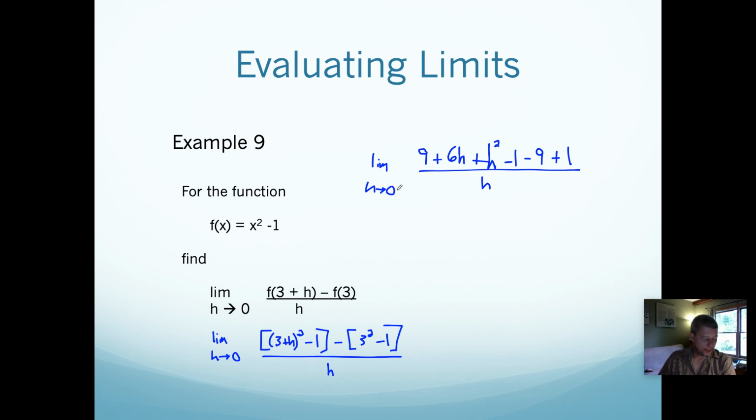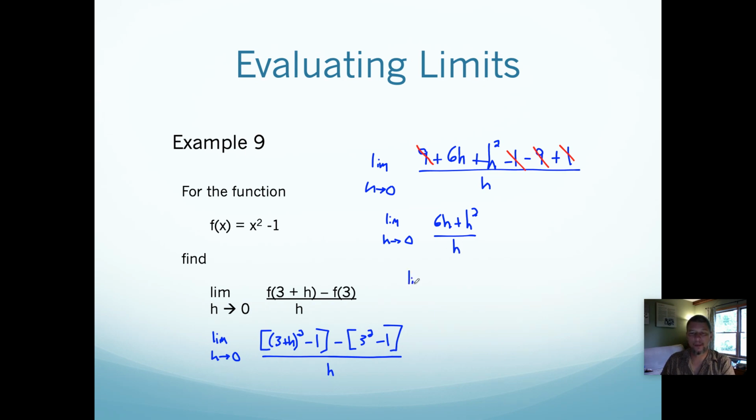Now, the next step is to simplify this a bit. If you look at the numbers carefully, you'll see the 9 and the -9 cancel out, and the -1 and the +1 cancel out. And so I'm left with the limit as h approaches 0 of 6h plus h squared all over h. Now I can simplify this further because I can cancel an h out of each of the terms.